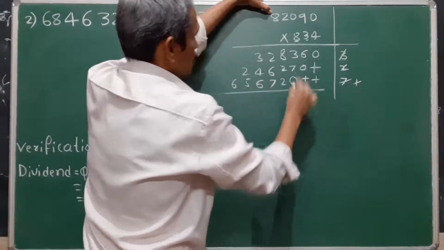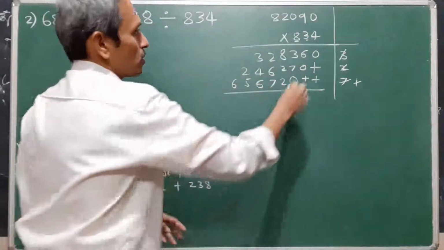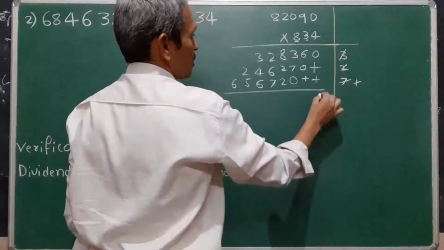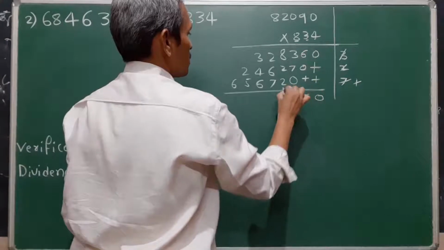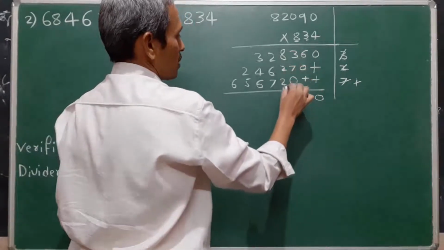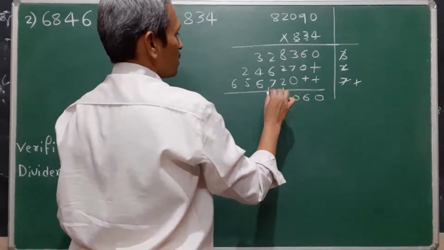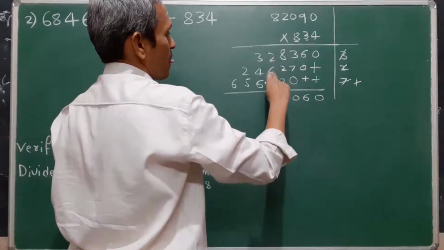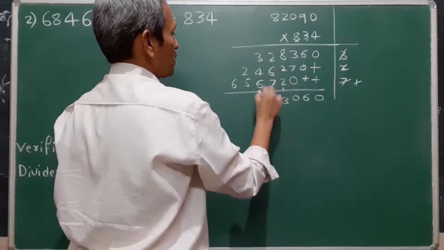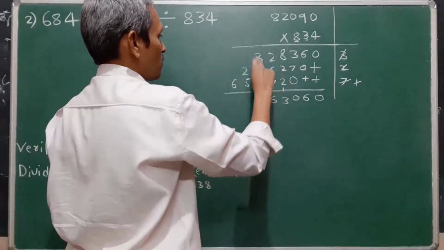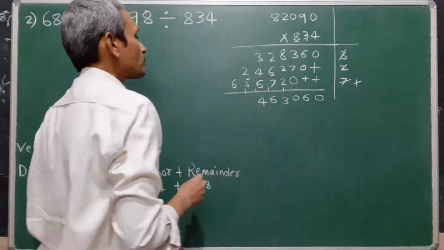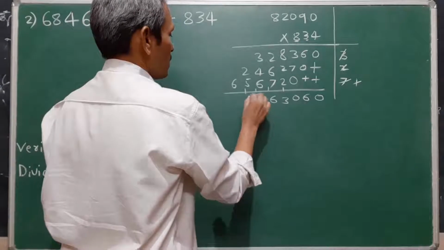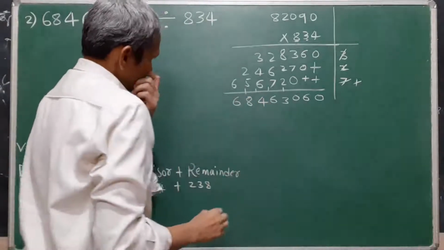Now we will add these three results to get the product of these two numbers. 0, 6, this is 10, this one is 10 plus 3, 13, this is 8 plus 8, 16, this is 10 plus 4, 14, this one is 8, 6.